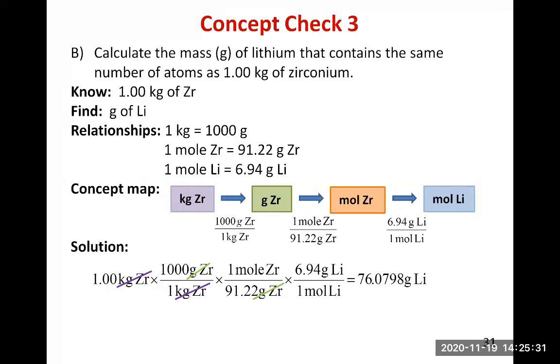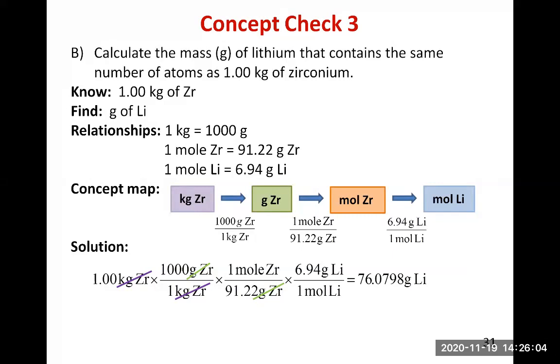So we will use the molar mass of lithium with the 6.94 grams of lithium on top and 1 mole of lithium on the bottom. And so when you calculate this, it's 1.00 kilograms of zirconium times 1,000, to change that to grams, divided by 91.22 to get the moles of zirconium, and multiplied by 6.94 to get the grams of lithium.